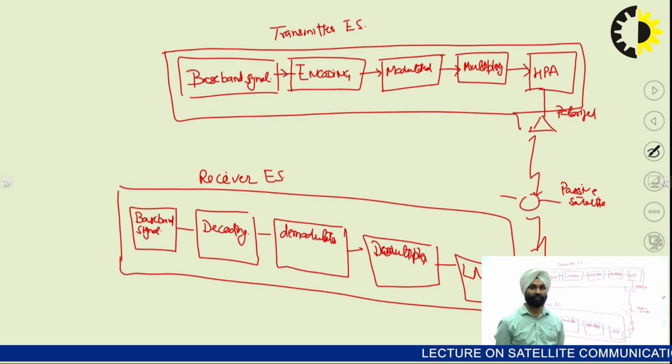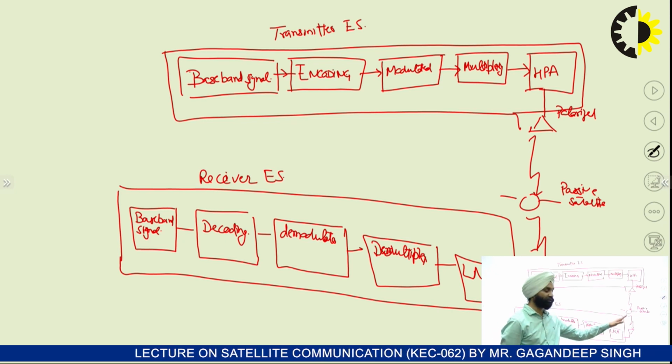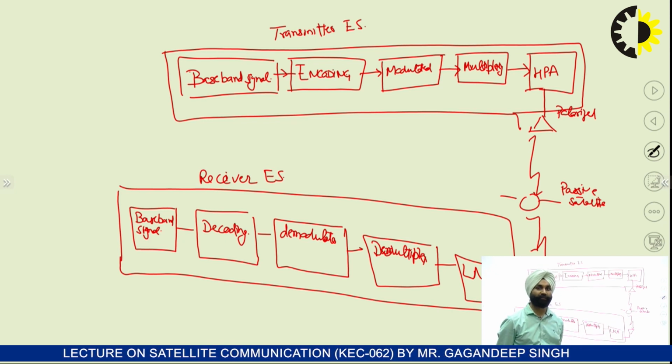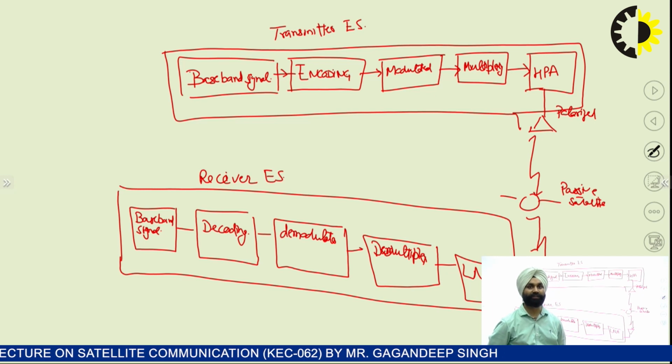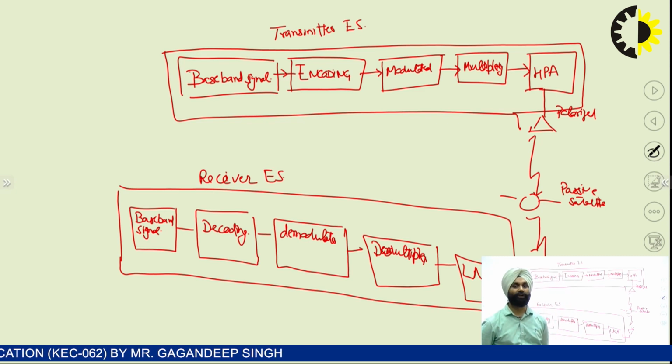Then it down converts the signal by using these to transmit the signal toward the earth station. So all these blocks can be added for the satellite, but for the earth station, this is the basic block diagram of the earth stations.